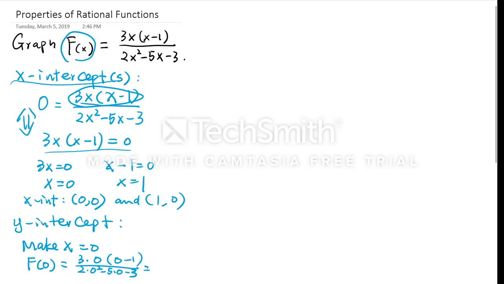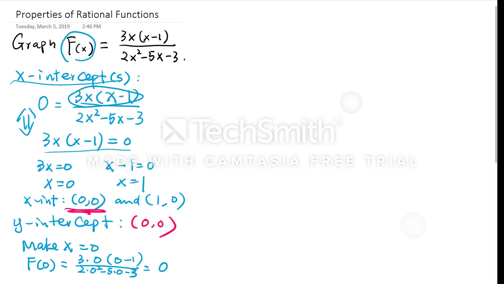And simplify this, well, you will see it's 0. Well, the y-intercept here, if I mark it here, will be (0, 0), which makes sense because we have x-intercept. This is also the y-intercept. Okay. All right, we found the x-intercept, the y-intercept.